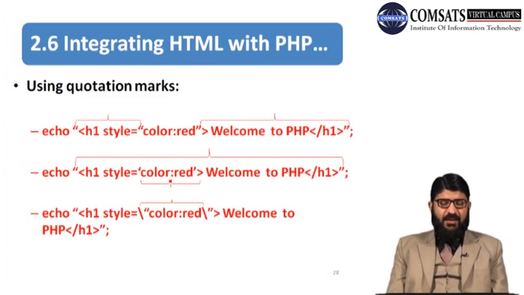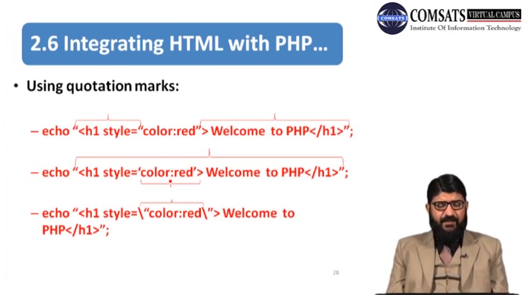See, echo, and here we are also adding an attribute to the h1 heading: echo h1 style equals to, in inverted commas is mentioned, color colon red and inverted commas closed, and then the h1 opening tag is ended, and the content that you want to appear as h1 is welcome to PHP, and in the end the h1 ending tag is mentioned.